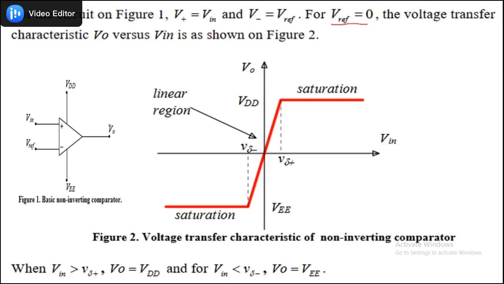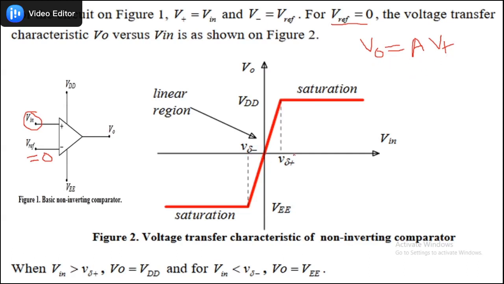If you put Vref equal to 0 in equation 1, your output equation will be simply V naught equals A V plus. V plus in this case we are considering as Vin, as shown in figure 1, and Vref we have kept equal to 0. So my output governing equation will be A V plus.